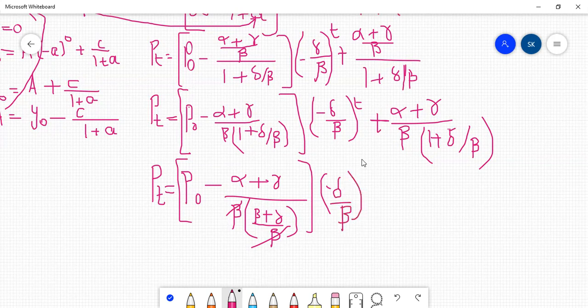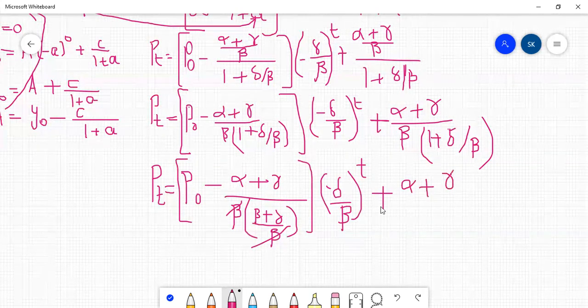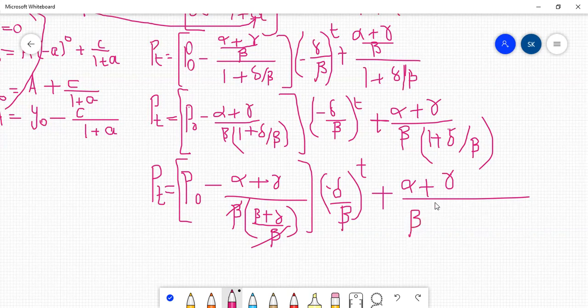The whole raised to T, plus, this is again a plus sign over here. Exactly the same calculation will be done as the one which was done over here. Therefore, what we get over here is beta into beta plus sigma, divided by beta.